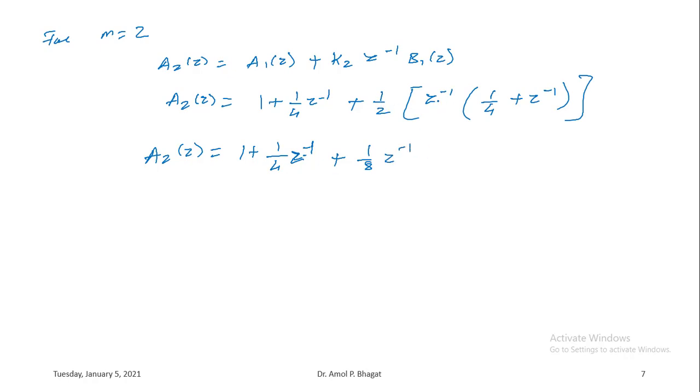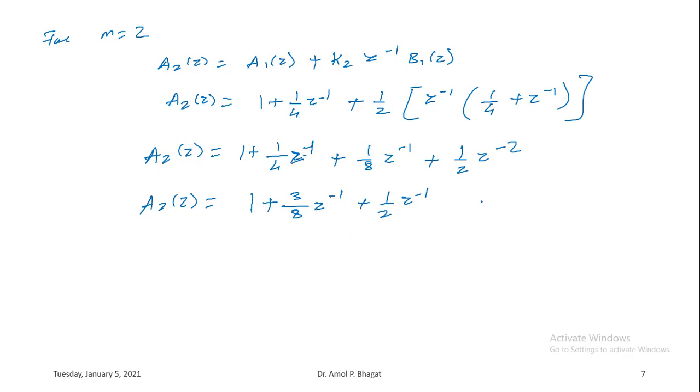Again 1 by 2 z inverse multiplied by this z inverse will be 1 by 2 z to the power minus 2. So a2 of z is 1 plus 1 by 4 z inverse plus 1 by 8 z inverse. Okay, so it will be 3 by 8 z inverse, right, and this will be 1 by 2 z to the power minus 2, as it is, right.